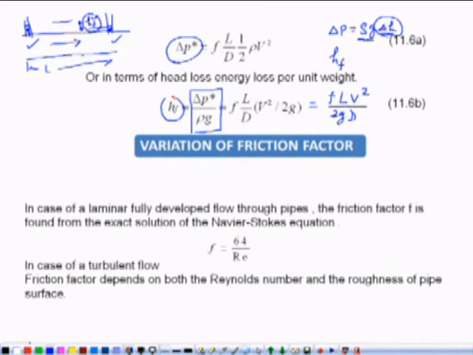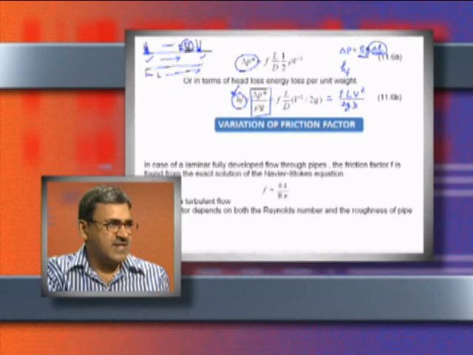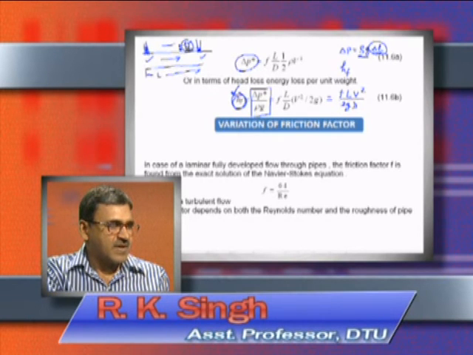And why are we so much interested in finding out the head loss? Because to design any pipe flow problem or any flow problem, we need to know how much energy is lost. On the basis of this information, HF, we can decide the size of the pump, size of the compressor, etc., required to maintain that flow rate, right.